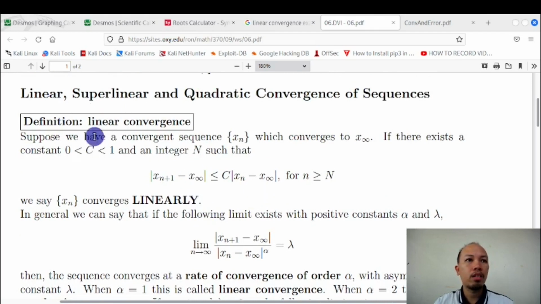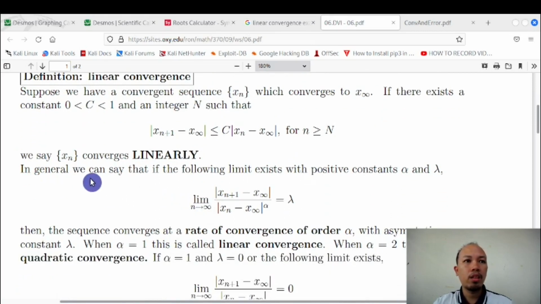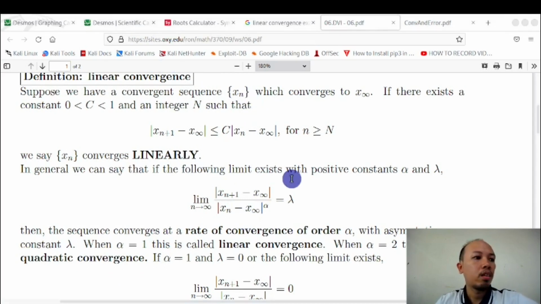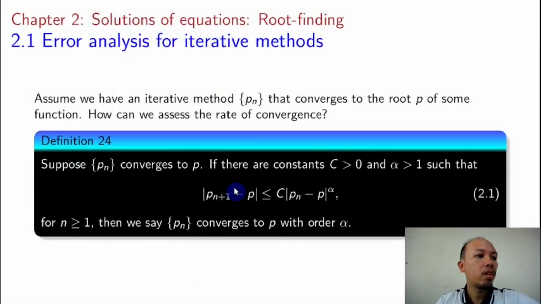And this first definition here is the definition of linear convergence, and in general this one is the same as in definition 24.